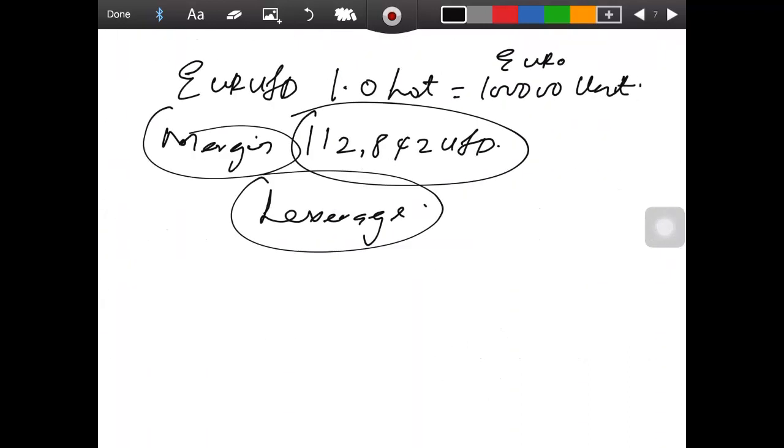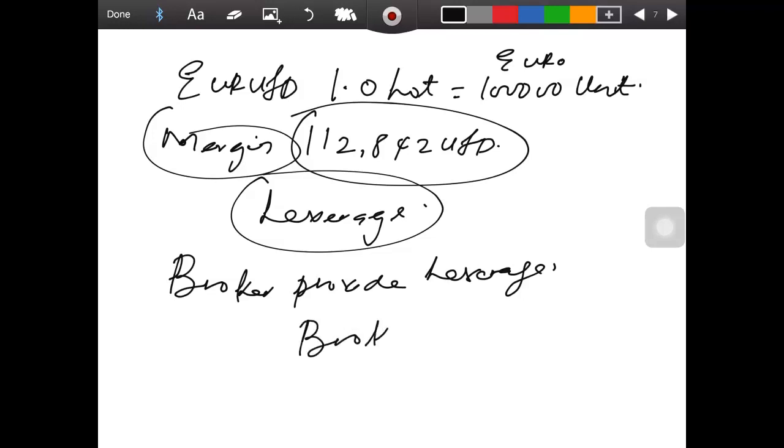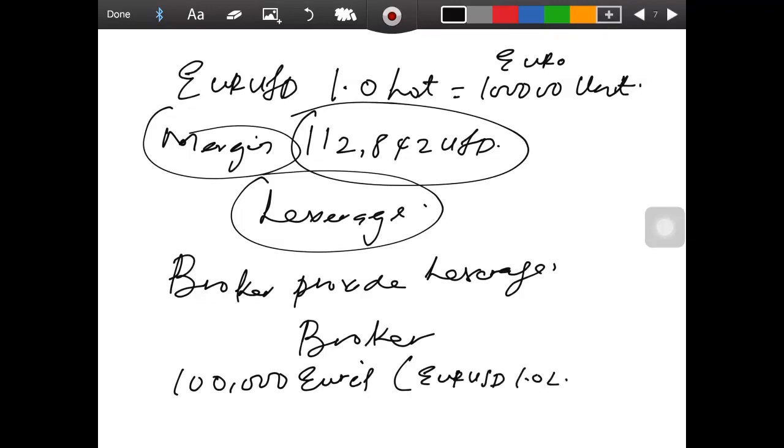Your forex brokers provide us with leverage. So this is the broker, and you want to buy 100,000 euros, in other words EUR USD 1.0 lots.